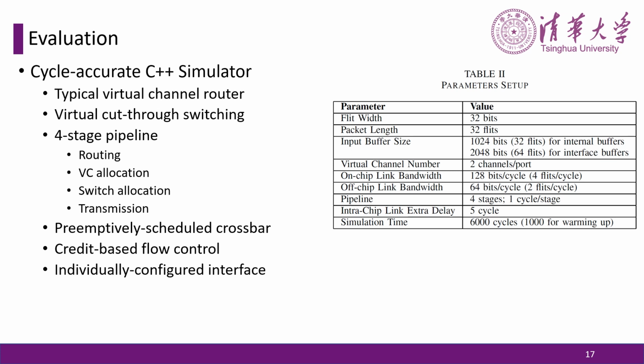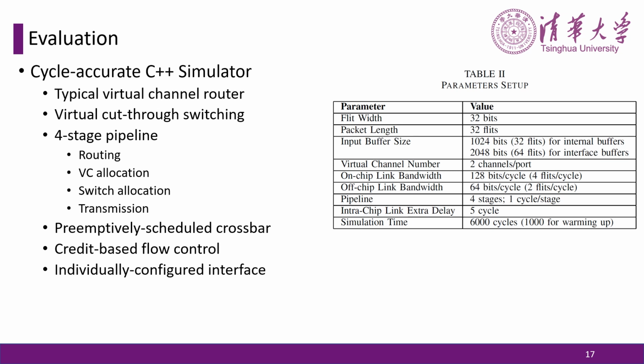To evaluate the network performance, we design a chiplet-specific cycle-accurate C++ simulator. The router model of the simulator is based on a typical virtual channel router. The switching technology is based on virtual cut-through. It contains a pipeline of four stages: routing, VC allocation, switch allocation, and transmission.